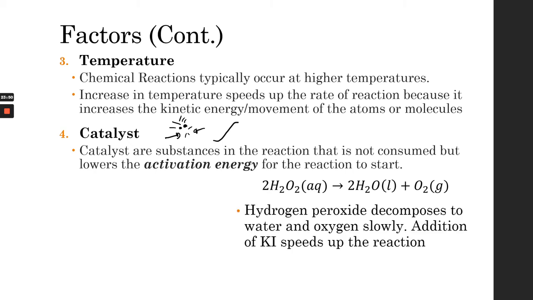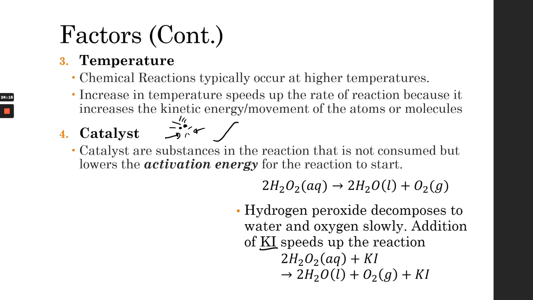The way that we can increase the decomposition is by adding potassium iodide. Potassium iodide will accelerate the rate of reaction by lowering the activation energy. So the iodide ion will jumpstart the reaction and make the reaction go faster.